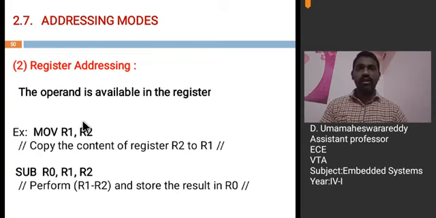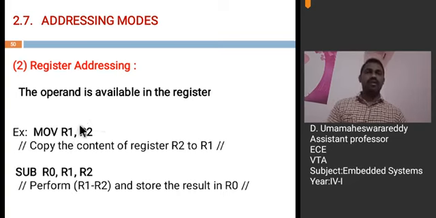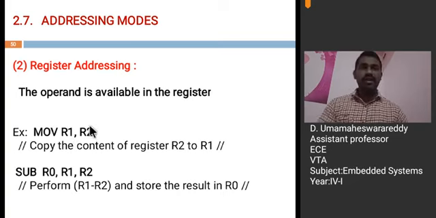Here R1 and R2 both are registers only and data is present in the registers. What you are doing here is moving or copying the data present in R2 to R1. This type of addressing is called register addressing.